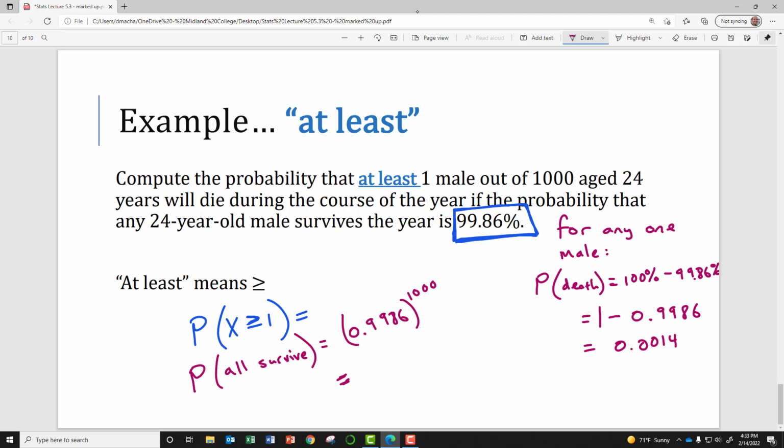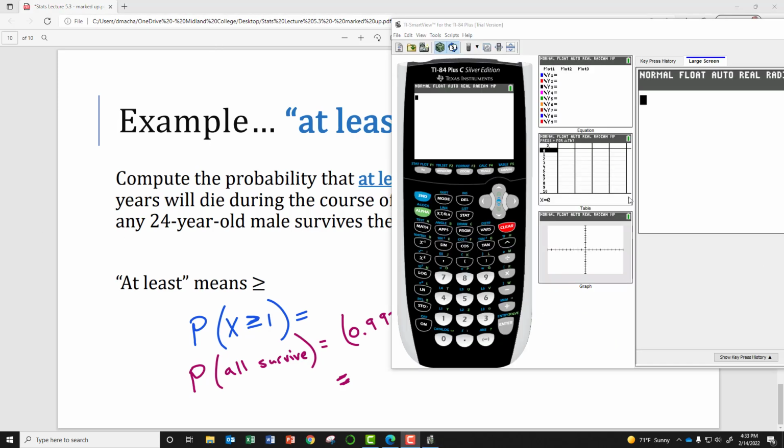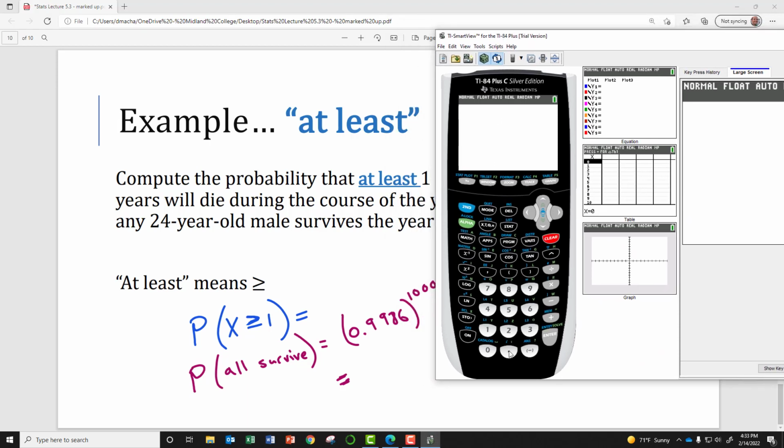Well, that's what we call 0.9986 to the power 1,000. Now, that's what exponents do, is repeated multiplication. So here I have my calculator, because I actually can't do this in my head. 0.9986 to the power 1,000.